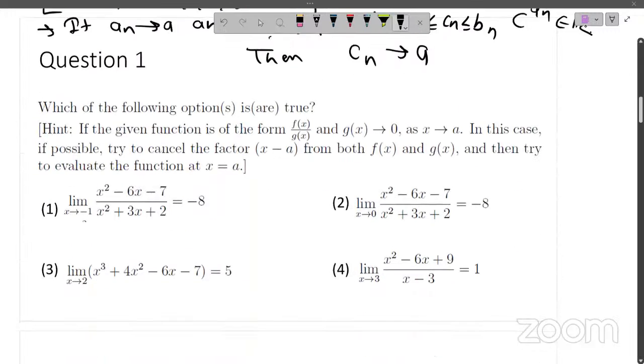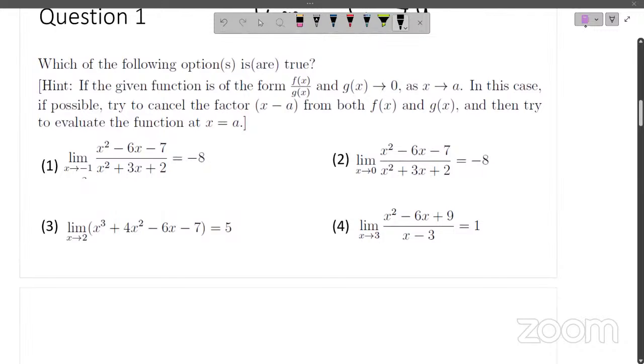So now we'll do some questions. This is your first question. So try to solve it. I'll give you 5 minutes. I don't think it will take more than that. Okay.